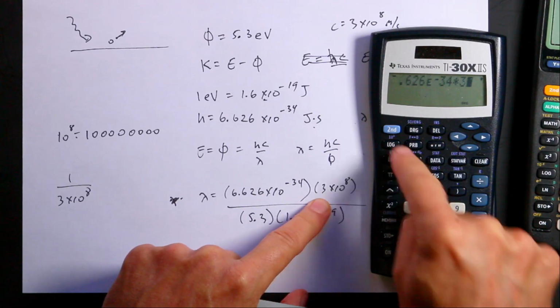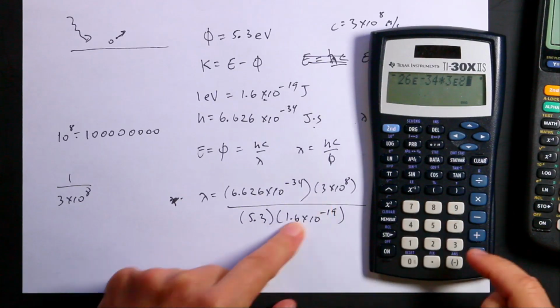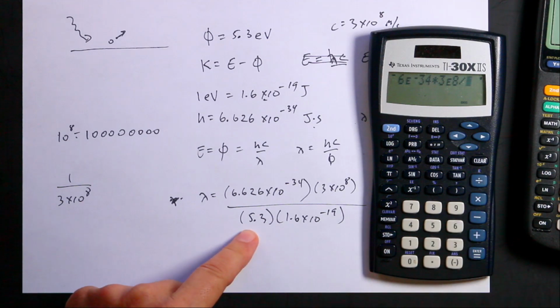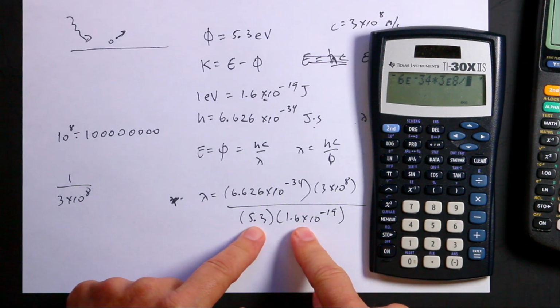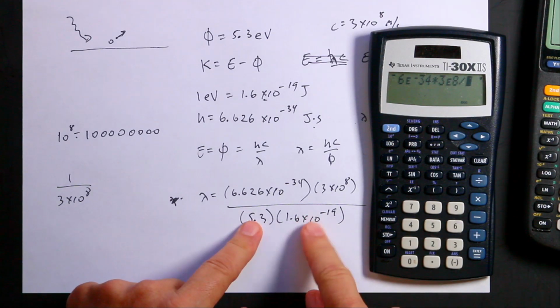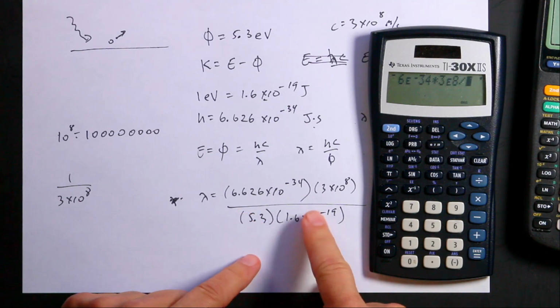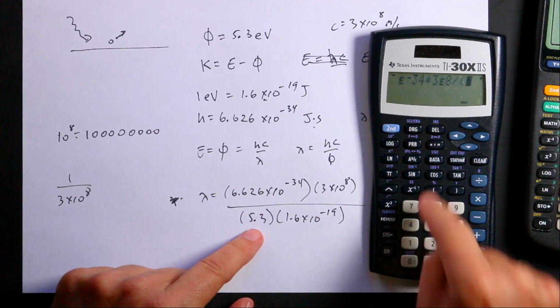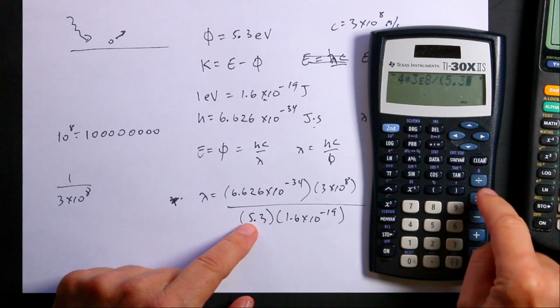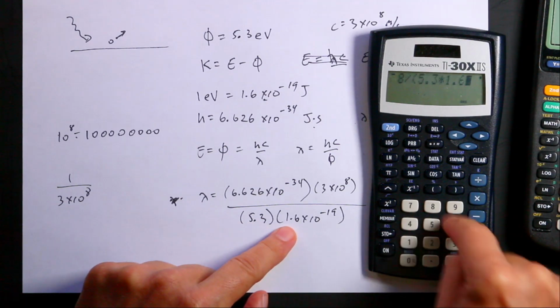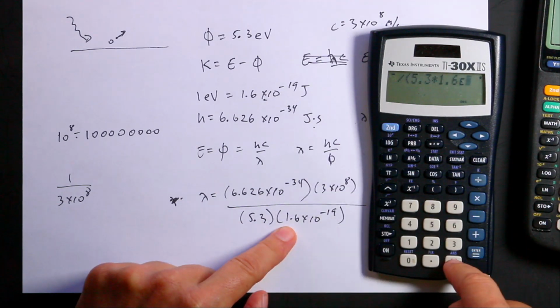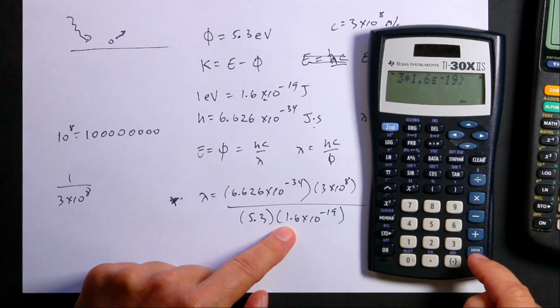Times 3 times 10 to the 8th, divided by, now I do need parentheses here because these are two different numbers. If I just do divided by this and this, it will divide by this one and then multiply by that one, which is not what I want. So I can say parentheses 5.3 times 1.6 scientific notation negative 19, and then press enter.